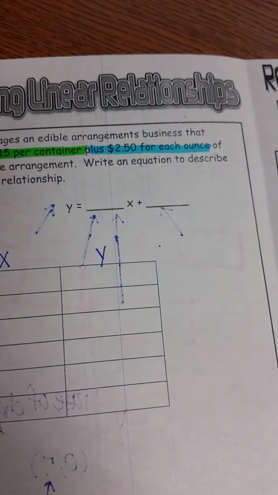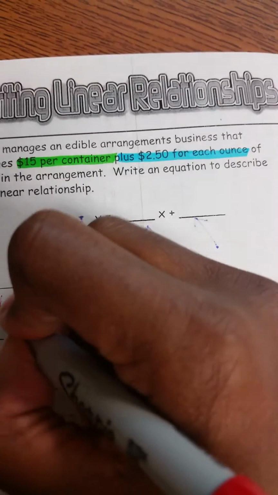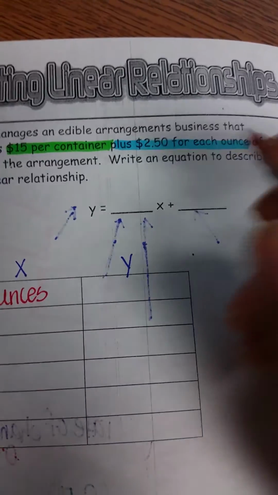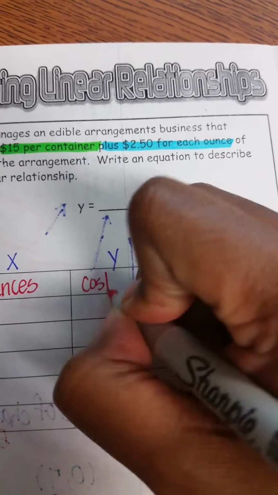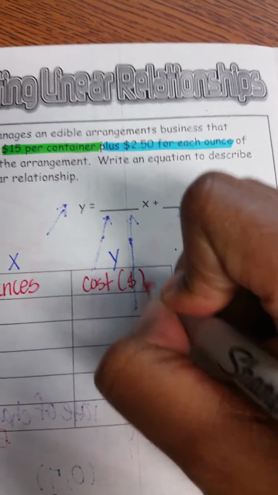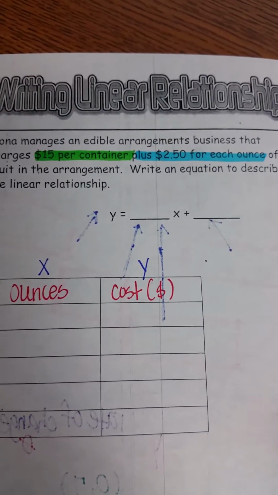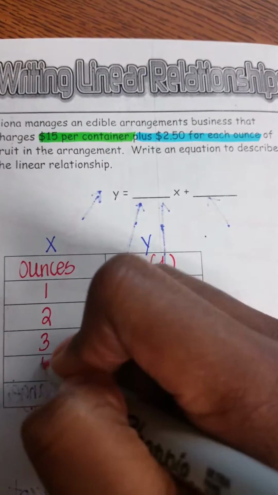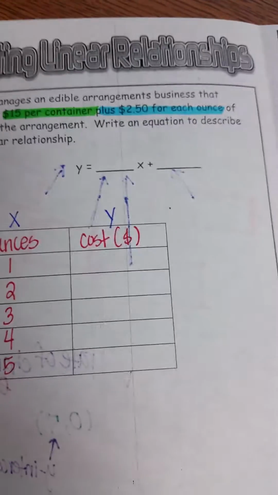My x would be my ounces and my y would be my cost, because the cost depends on how many ounces I have. And I'm going to start at 1, 2, 3, 4, 5.